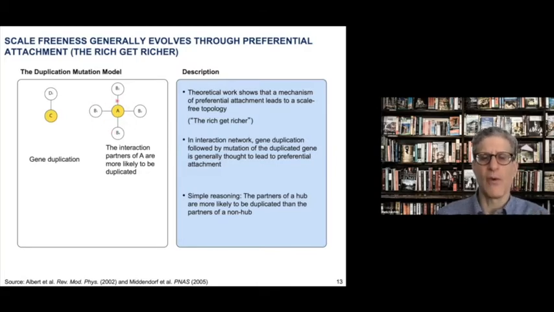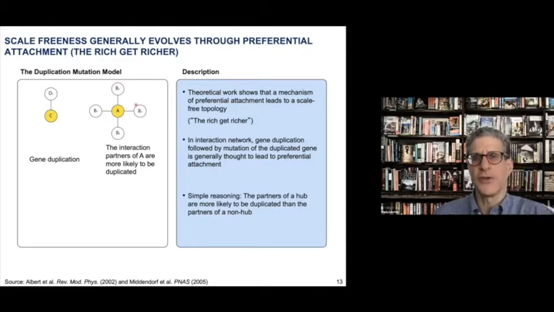When you duplicate one protein, it will tend to go back and interact with its original partners. So that's a type of preferential attachment. And you can see a hub network that has a lot of nodes.